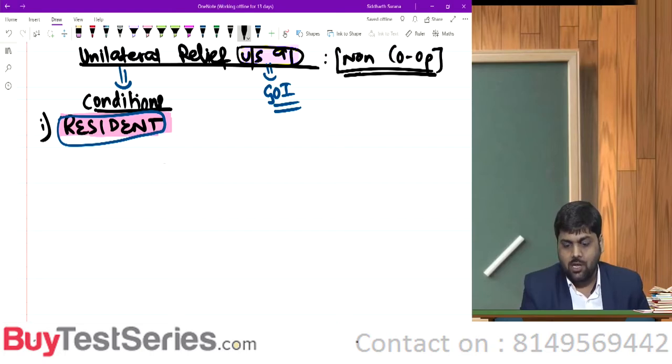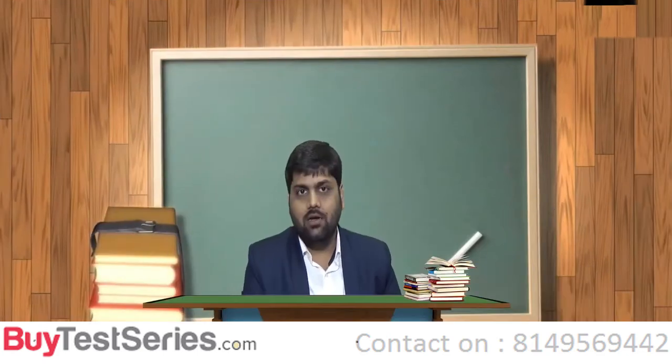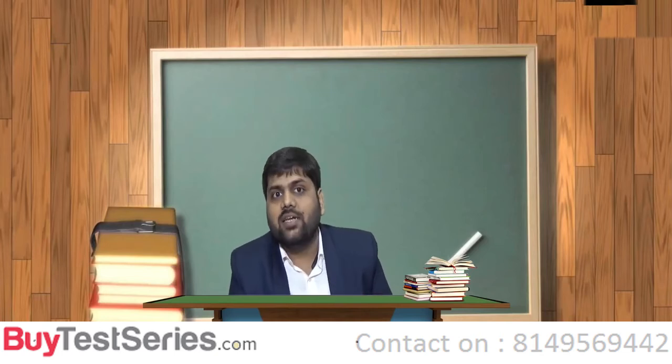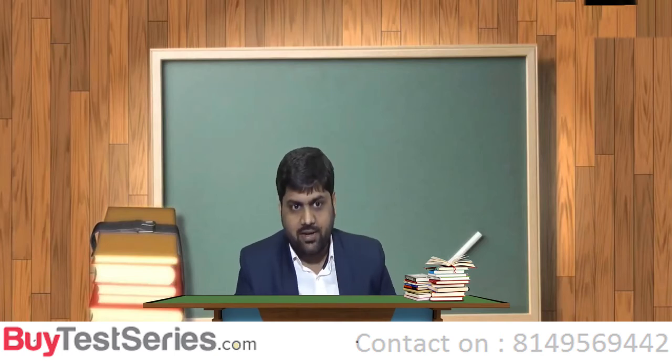Understand the reason, please. Globally, there are 2 principles of levy of tax, as we have repeatedly discussed in this chapter: principle of residence and principle of source. Obviously, here the assessee is resident in India. That means, can I say his source of income will be outside India? And we are so happy with such a person. Please understand, what is a resident doing? He has a source outside India.